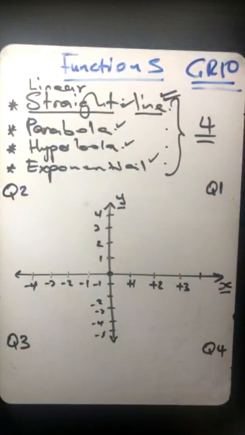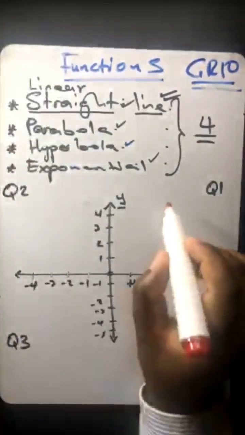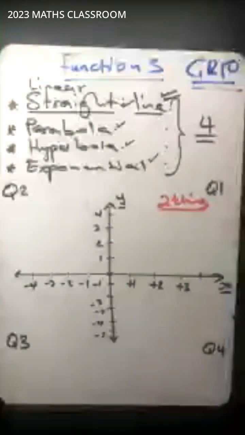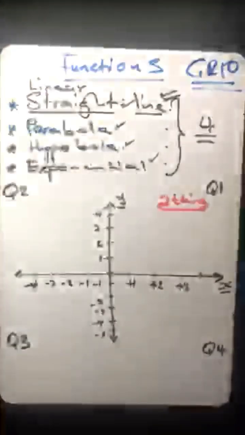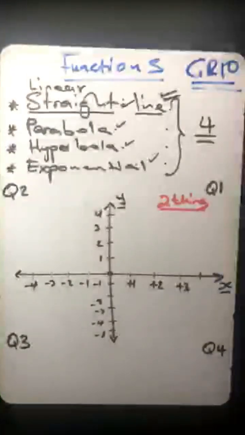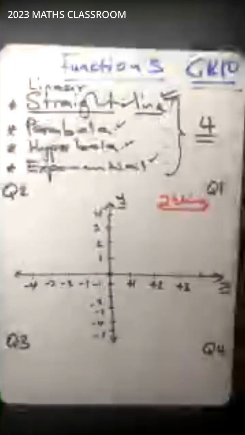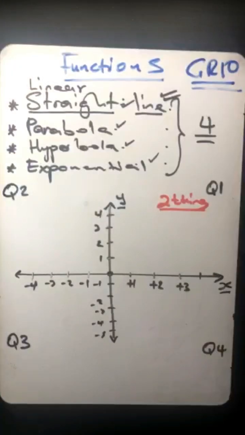So mathematically, for you to draw a straight line, you need two things. You need two things for you to draw a straight line. Remember, guys, today's lesson is for grade 10 learners, which means the standard is maintained and limited to that grade.